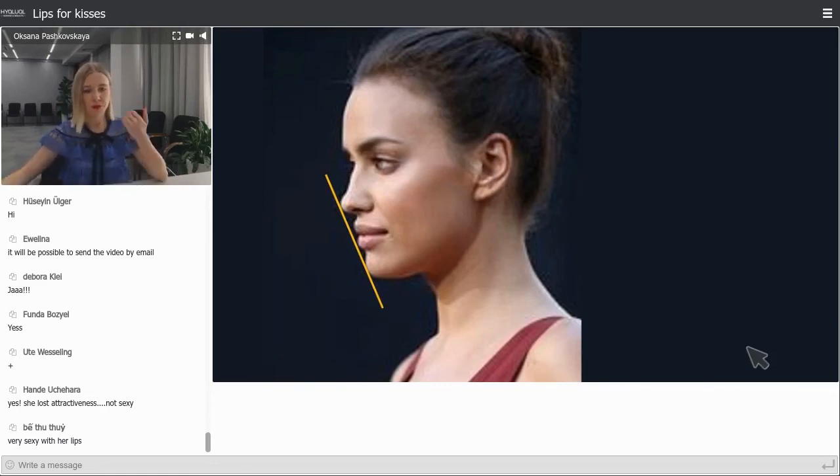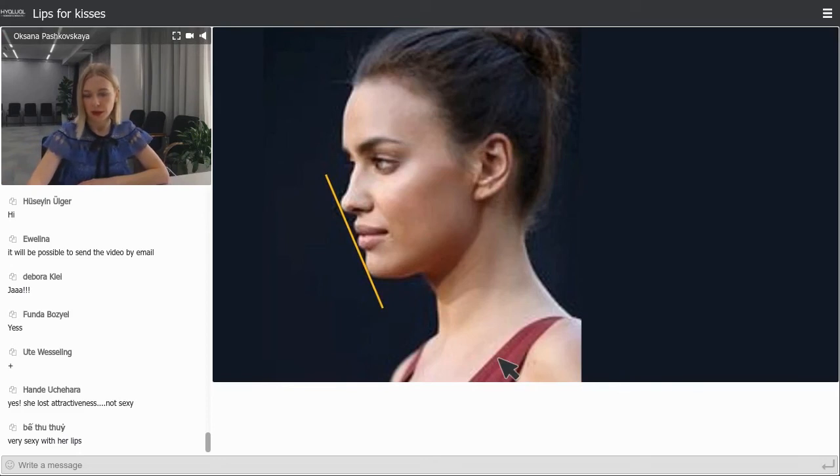Keep it in account when an Asian woman comes to you. Also analyze your proportions, and you could make her more attractive if you fill her lips with additional volume.